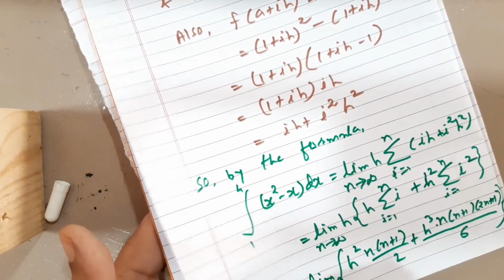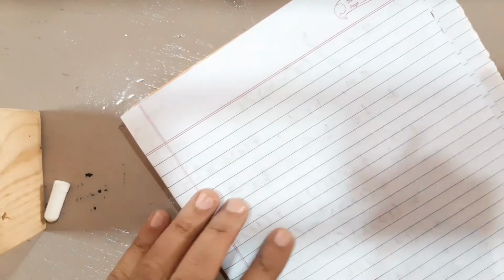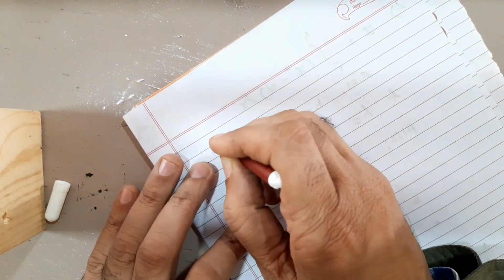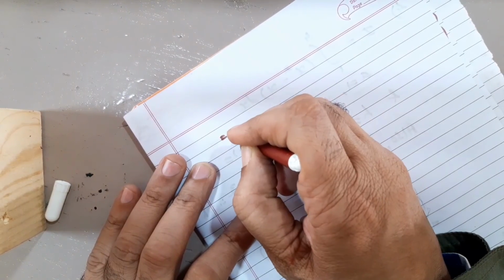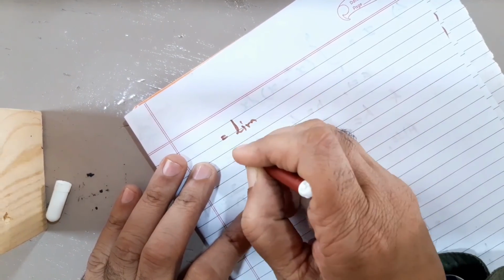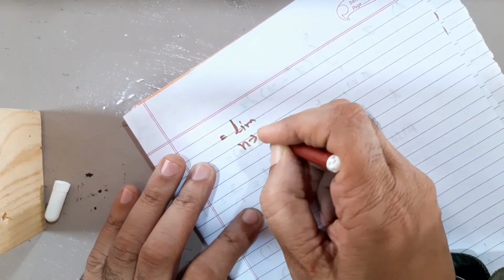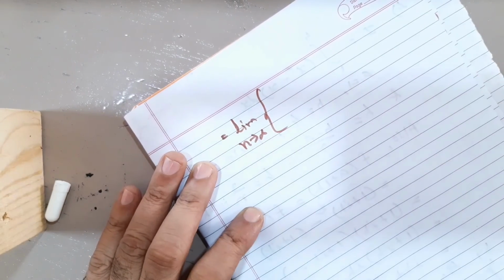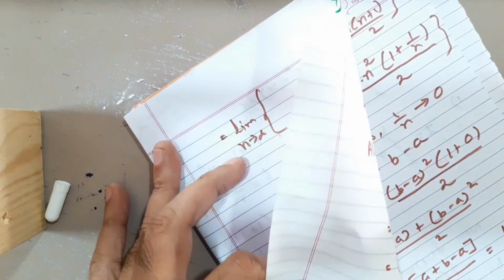So it is equal to limit n tends to infinity. What we just said earlier, we have to write here. So what is it?